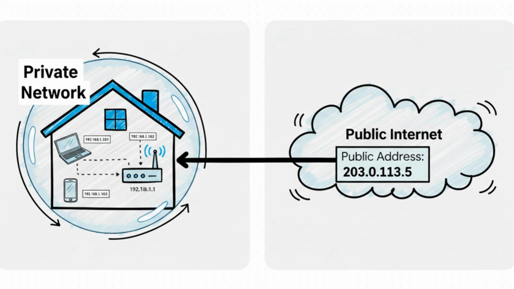It only works and only matters inside your local home network. But then your entire network, your whole house, has one single public address that it uses to talk to the rest of the internet. That's the key. It's why your neighbor's laptop could actually have the exact same private IP as yours, and it's totally fine. But your public addresses, the ones from your internet providers, those have to be 100% unique in the entire world.